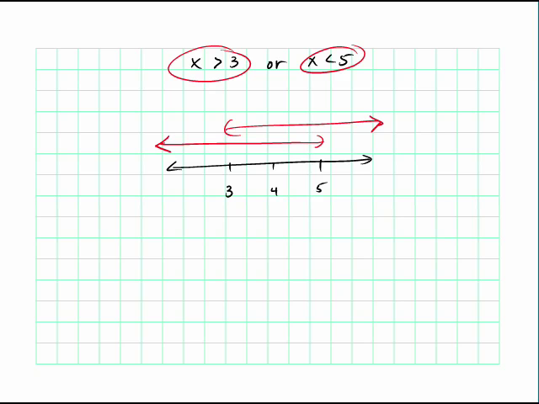It is an or statement, so we want everything that has been shaded at least once. That would be our solution. Notice that everything has been shaded. And so I'm going to shade the entire number line here, like that. Everything's been shaded. And the way we represent that, that means everything's a solution. And in our interval notation, that'd be written as negative infinity to positive infinity.